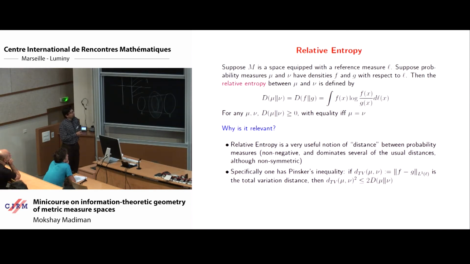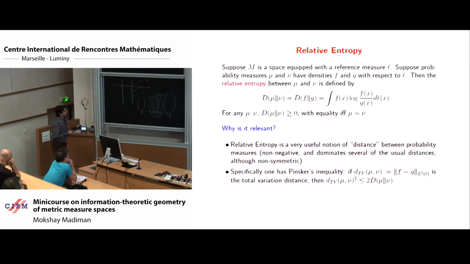The relative entropy between the measures, I will also write as the relative entropy between the densities. That's defined as the integral of f log f over g taken with respect to this measure L. Okay? Based on conversations at dinner yesterday, some people have not seen relative entropy, which is why I'm recounting this definition.